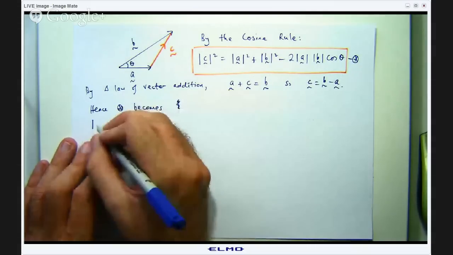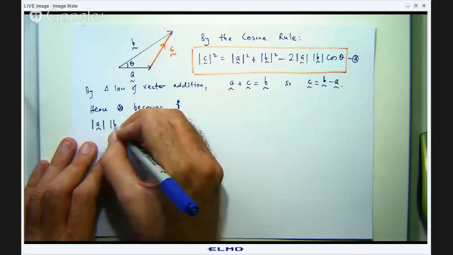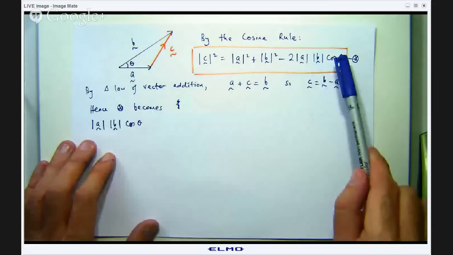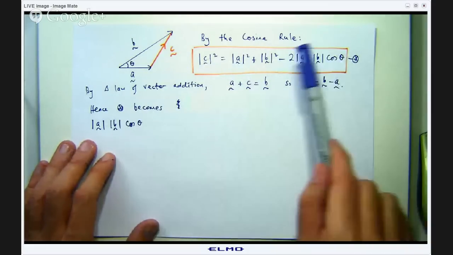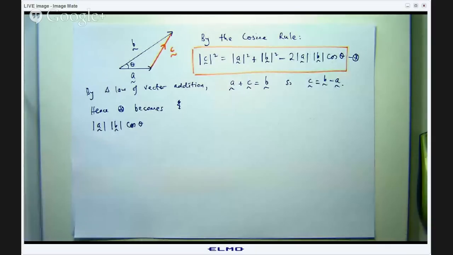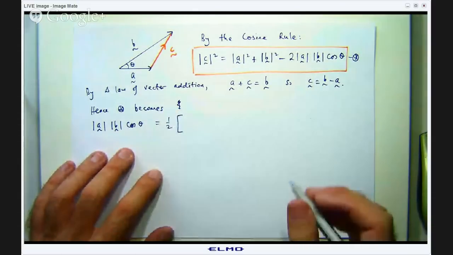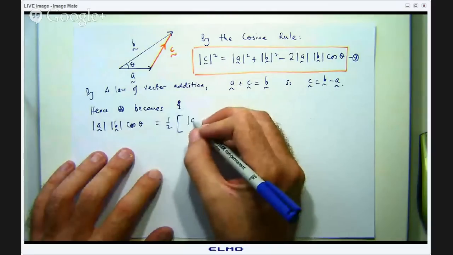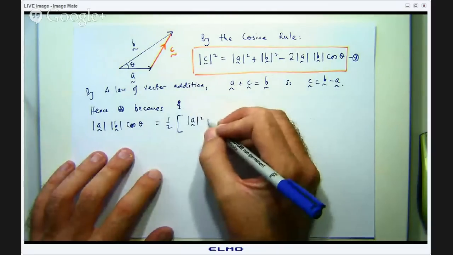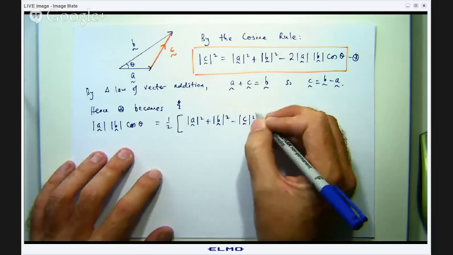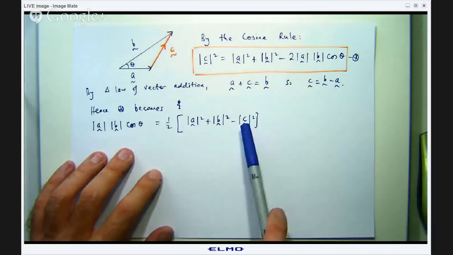Let's write it down here. Okay, so I'm going to take the c squared to the other side and divide by 2. I can replace this with that.